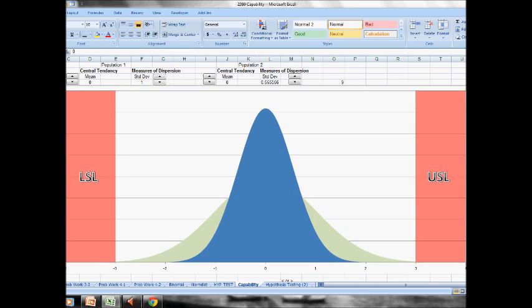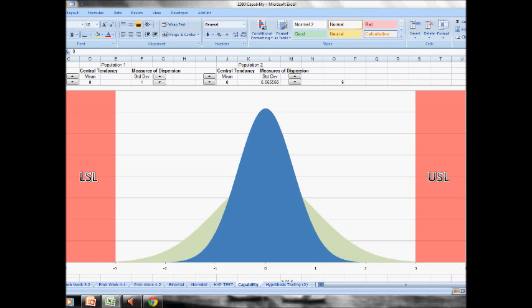If you have a CP or PP of 1, then it can be capable, with a little bit of work to the process, but really that's kind of the cutoff point. If it's any less than 1, you probably need to really get back into the process or look at even a different way of doing it. So that's just an example. Again, it's the same as CP and PP. It's just the difference being how standard deviation is estimated, and that's what I'll get into on the example.